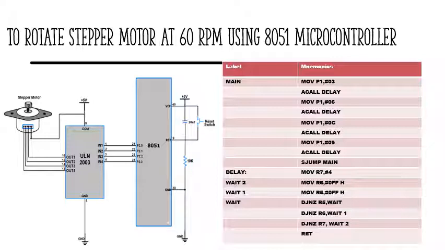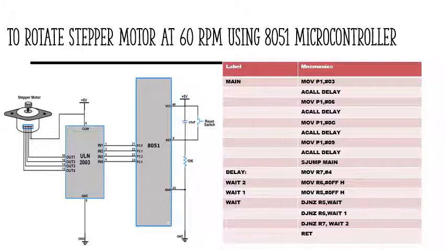for 360 degrees. If you want to rotate it for a desired degree of rotation, then you have to calculate the degree of rotation as I mentioned while we were controlling it using the 8085 microprocessor.